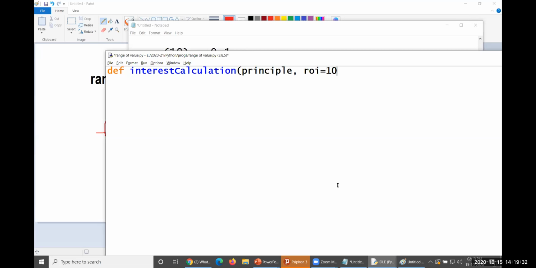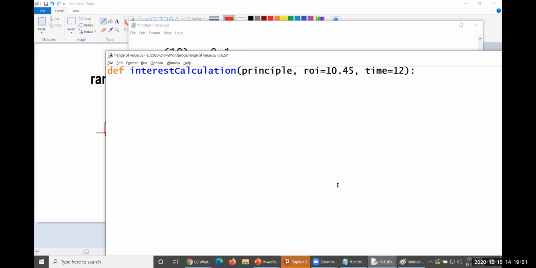I'm thinking that is 10.45 percentage. And then time, let me take 12 months. Number of months will be 12 months, that is 1 year. Monthly interest calculation will be taken into consideration.